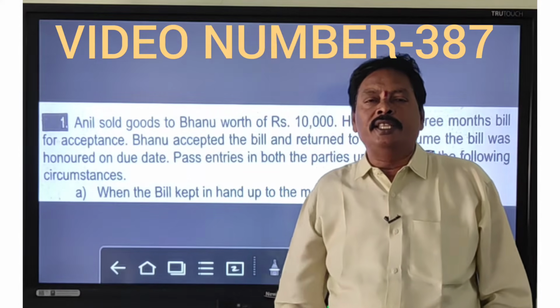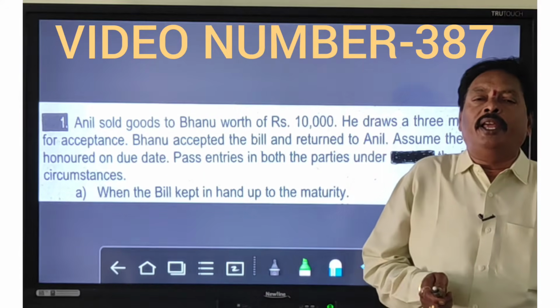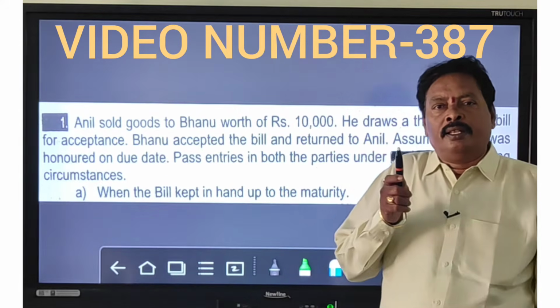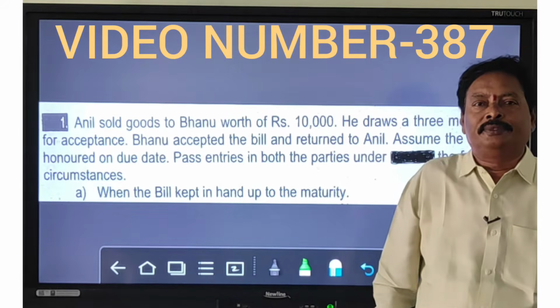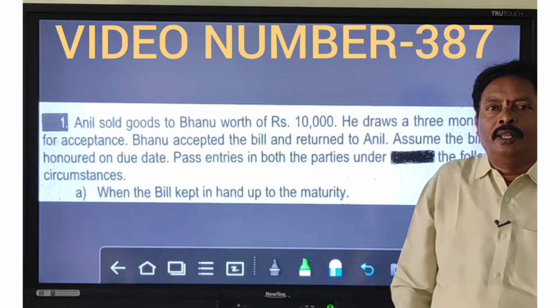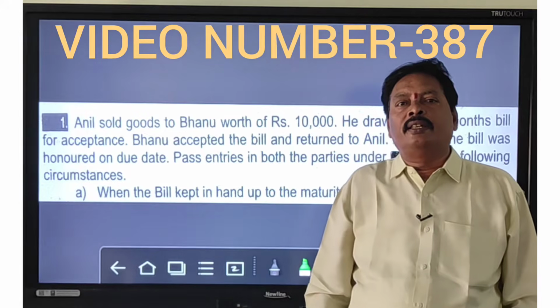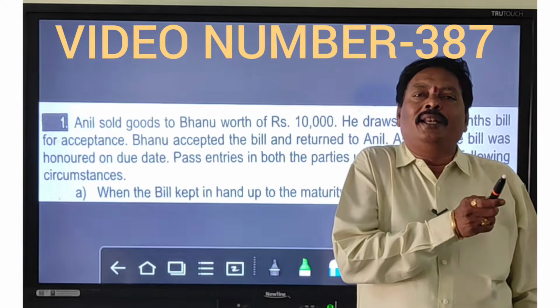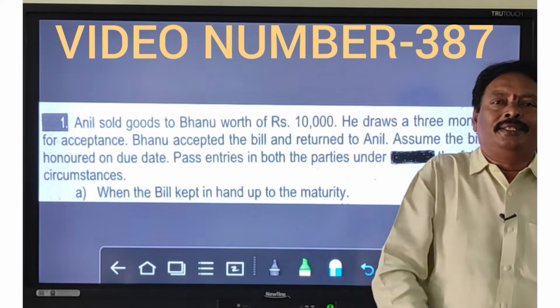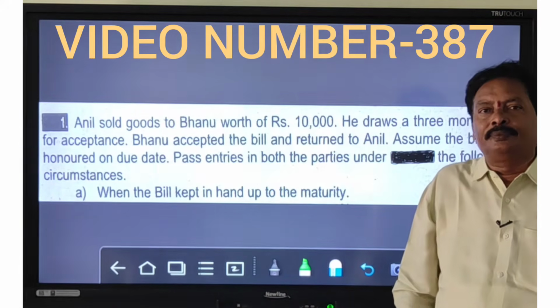The second model is when the drawer sends the bill for collection. That is the second model. And the third one is when the drawer discounts the bill at the bank. This is the third model.